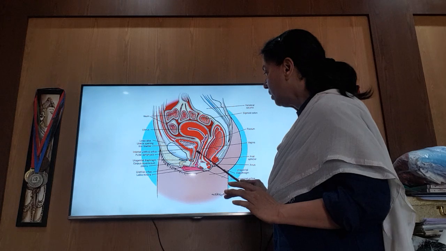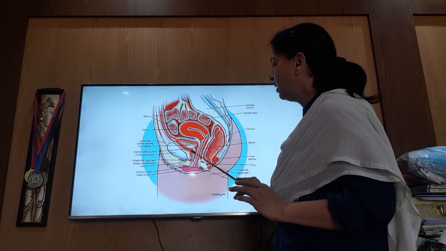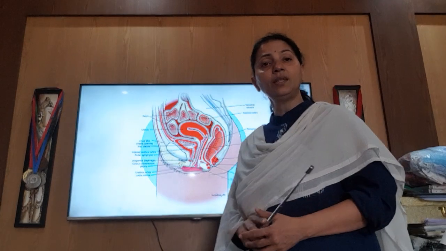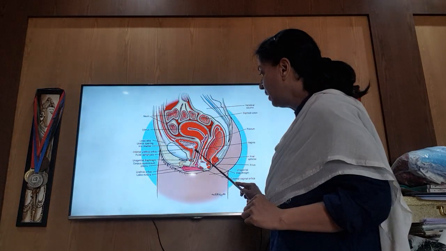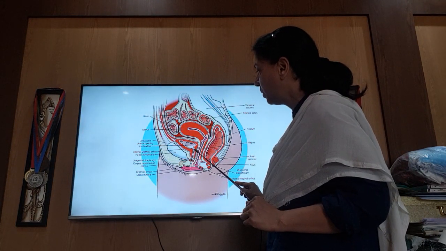So this portion in the neck of the bladder is also surrounded by the prostate gland in males. The prostate gland has lobes and it is surrounding it all around. There is also one more duct opening in that urethra, and that duct is called the ejaculatory duct.